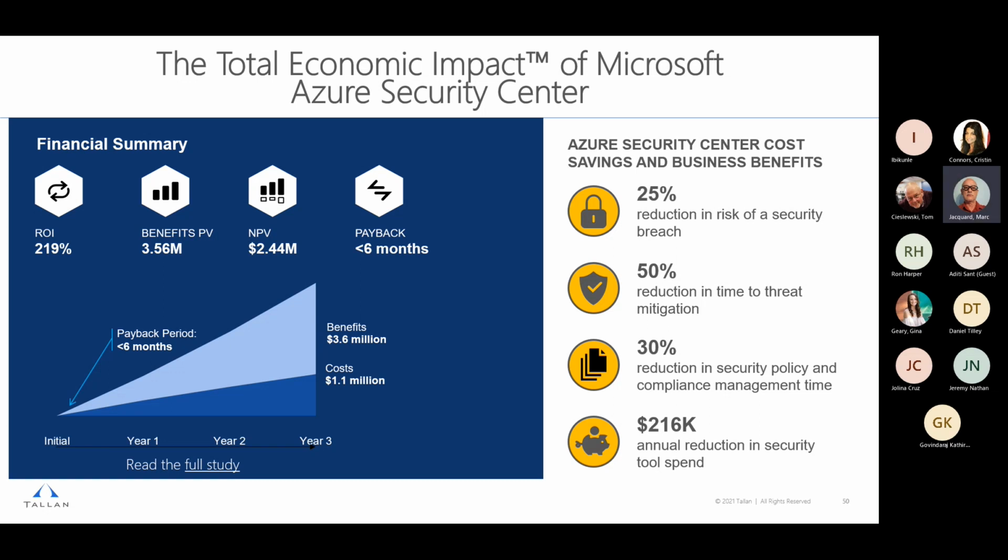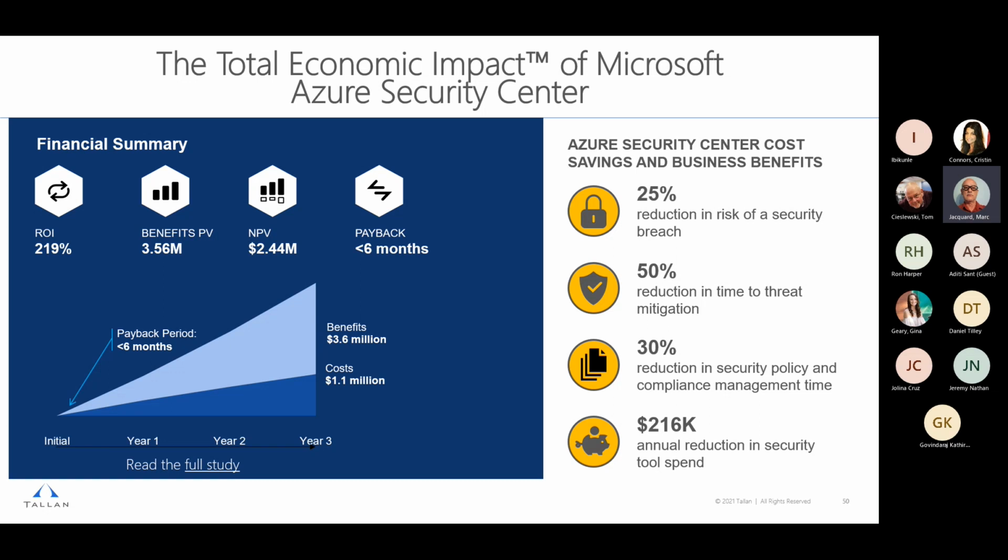And this money thing really doesn't mean a whole lot to me. I'm a security guy. This is what I focus on. It's going to be a 25% reduction in risk of a breach. I'm all about that.